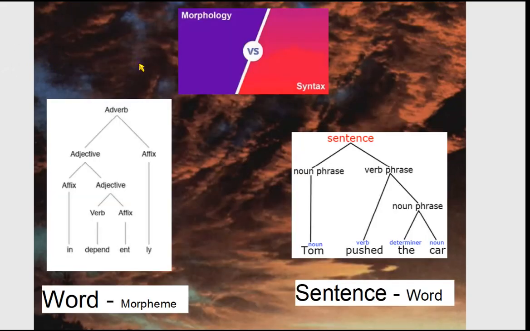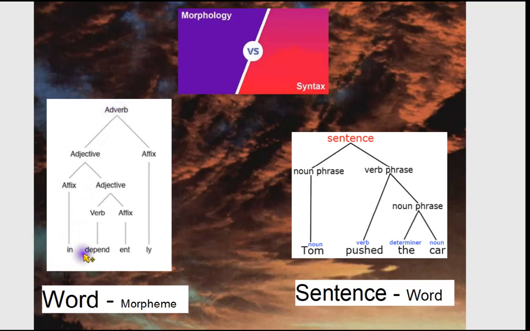So let's start with this. Morphology versus syntax. You may remember this design, or this is what we are going to have. So let's take a look at morphology. In morphology, the biggest grammatical unit with meaning, it's a word. For example, we have an adverb.